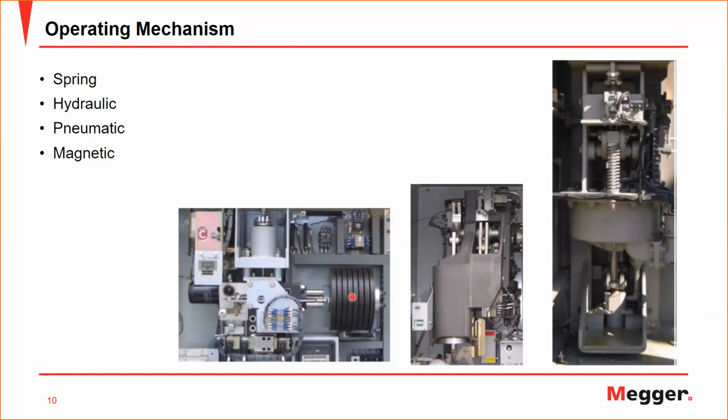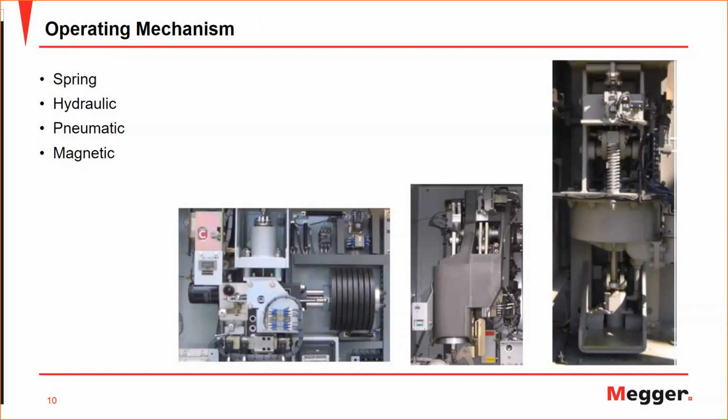Then we have the hydraulic type of mechanism. Basically, the hydraulic is using a pressurized liquid and two, I would say, different cross-sectional area tanks to operate the mechanism. We also have the pneumatic operating mechanism types. Basically, it's a pressurized gas that is released for the open and close operation.